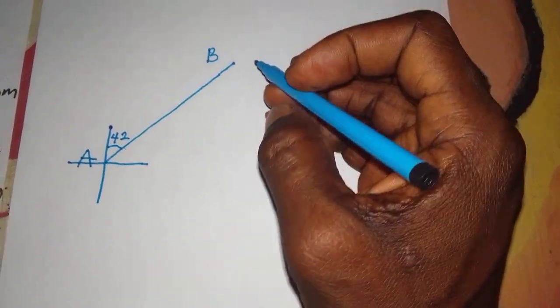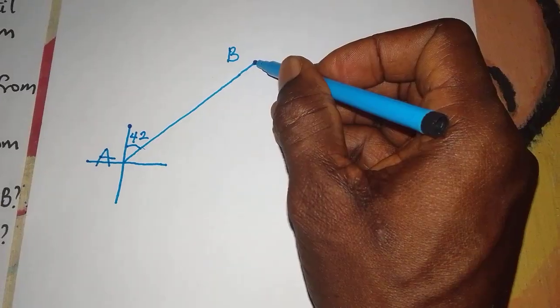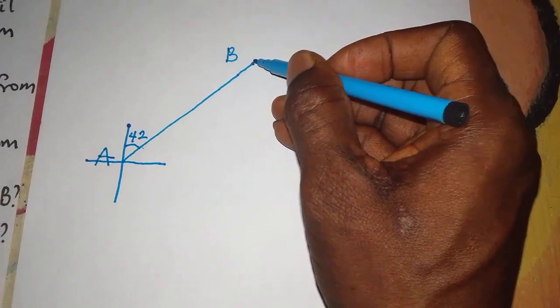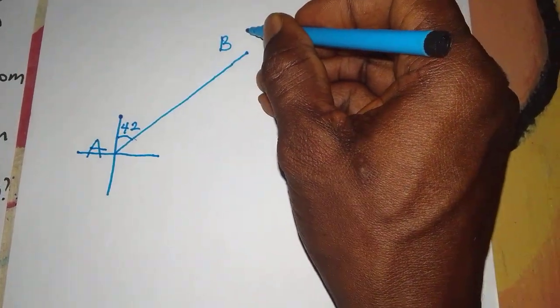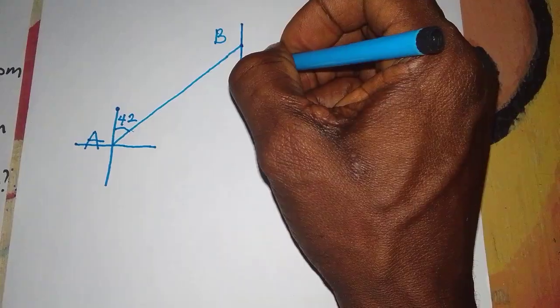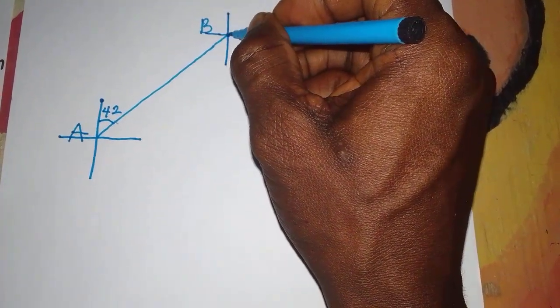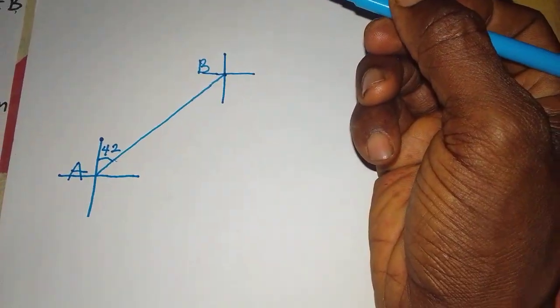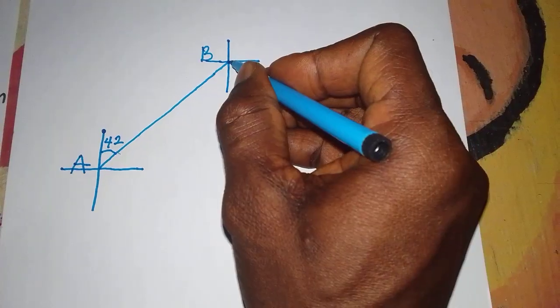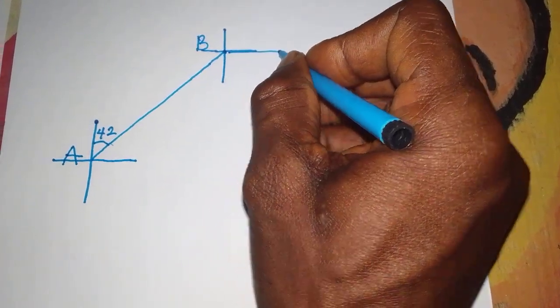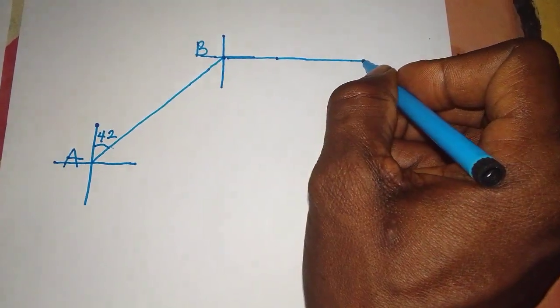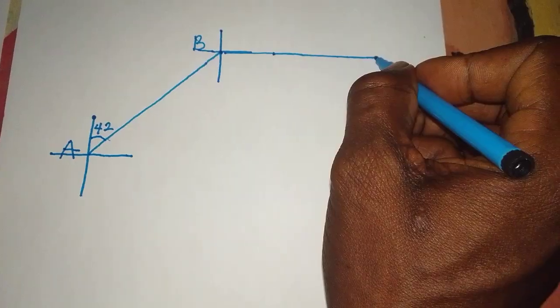So that means when the ship got here, it moves further due east. So when you get here, draw your 4 cardinal points here again. When you hear due east, that means it moves on this line of the east like this. Due east.